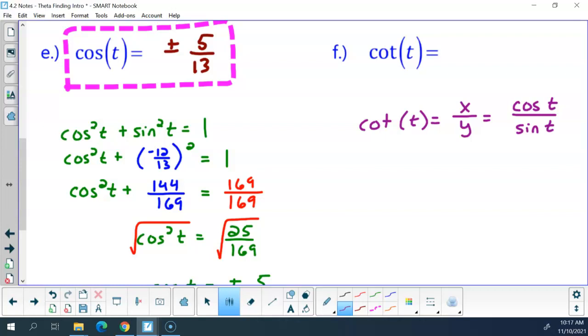So my cosine value is plus or minus 5/13. My sine value is negative 12/13. I have a fraction divided by a fraction. Keep, change, flip.